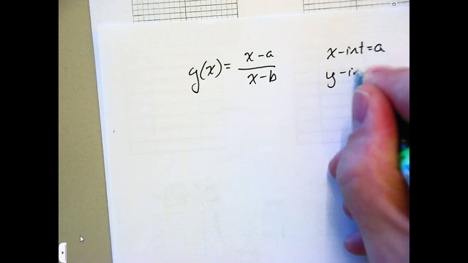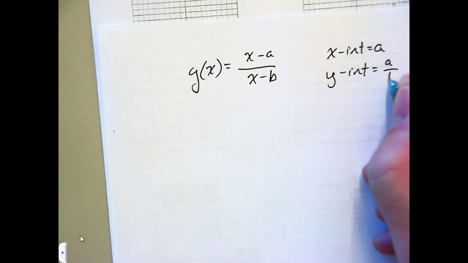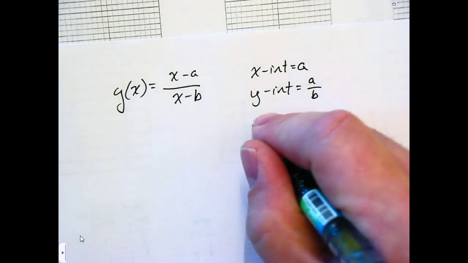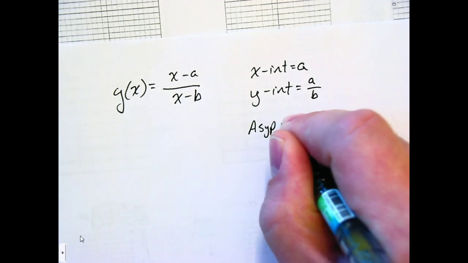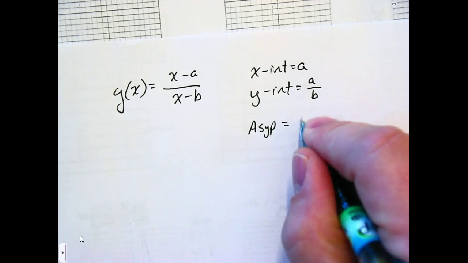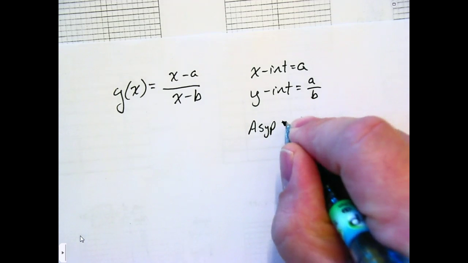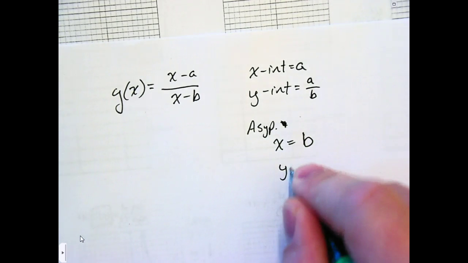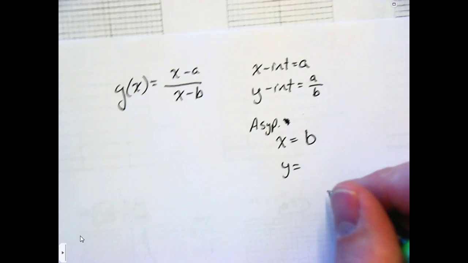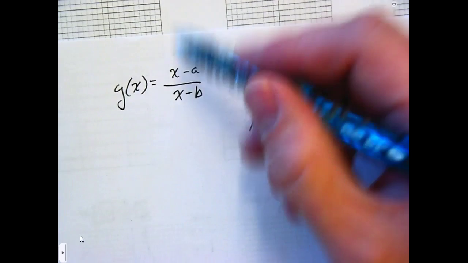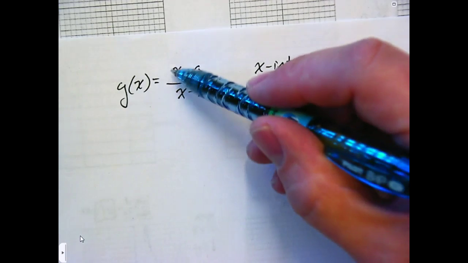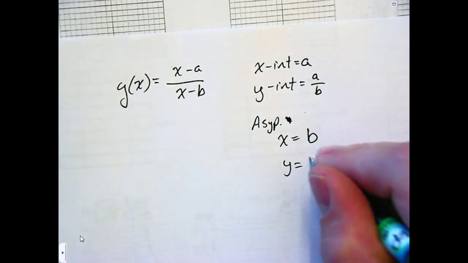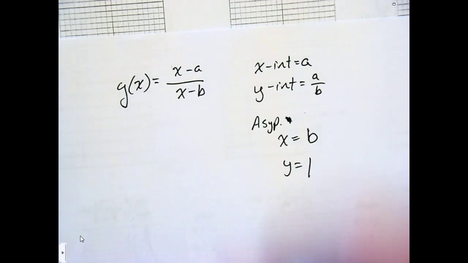The y-intercept is equal to a over b. Your asymptotes, well, I guess you have two asymptotes. X equals b. Y equals, what would it be? It's not a. What's your asymptote on this right here? 1. In this format, those things are true.